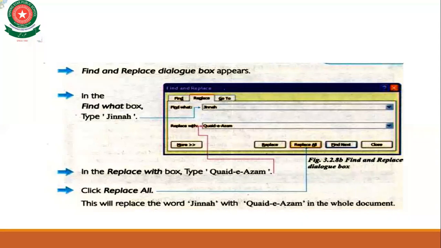Now in the replace with box, type Quaid-e-Azam or any other word which you want to use instead of the last word. Then click replace all. This will replace the word Jinnah with Quaid-e-Azam in the whole document.